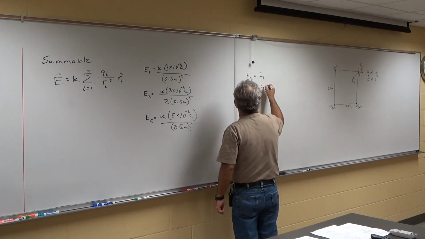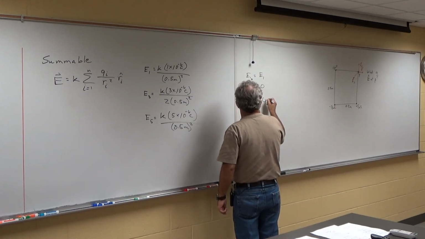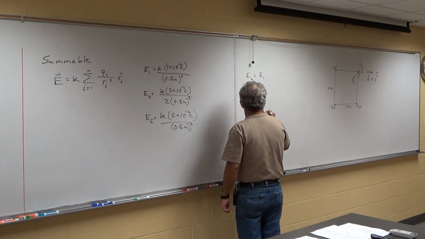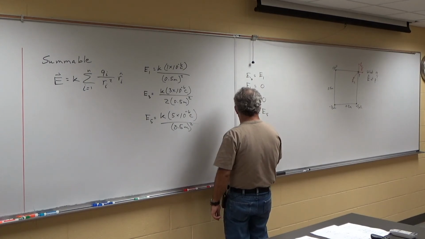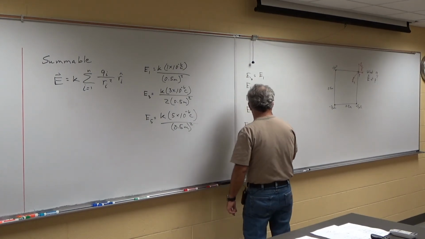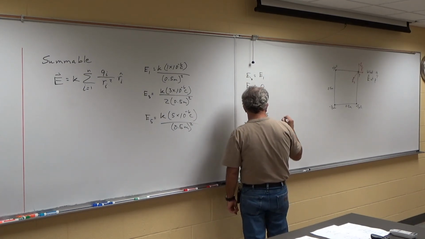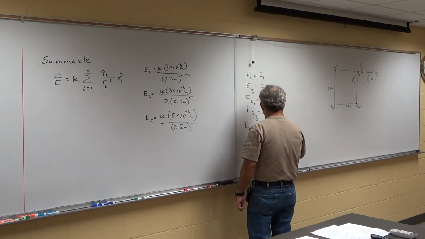E1y is equal to 0. E5x is equal to 0. E5y is equal to E5. And E3x is equal to E3 with a negative cosine of 45 degrees.